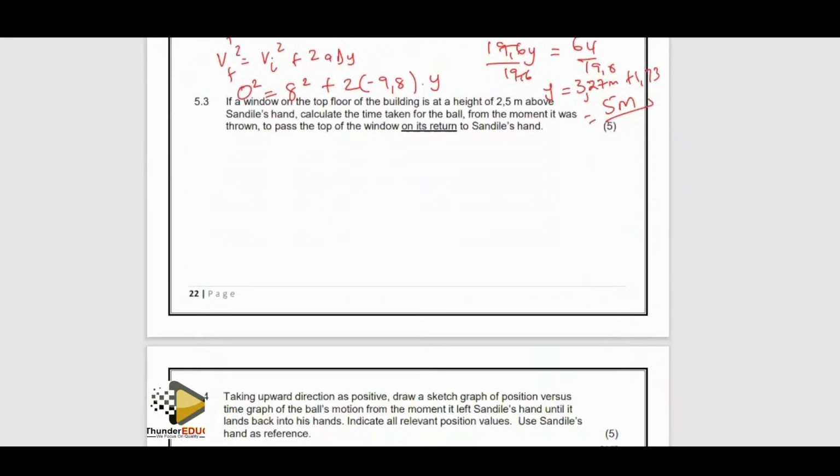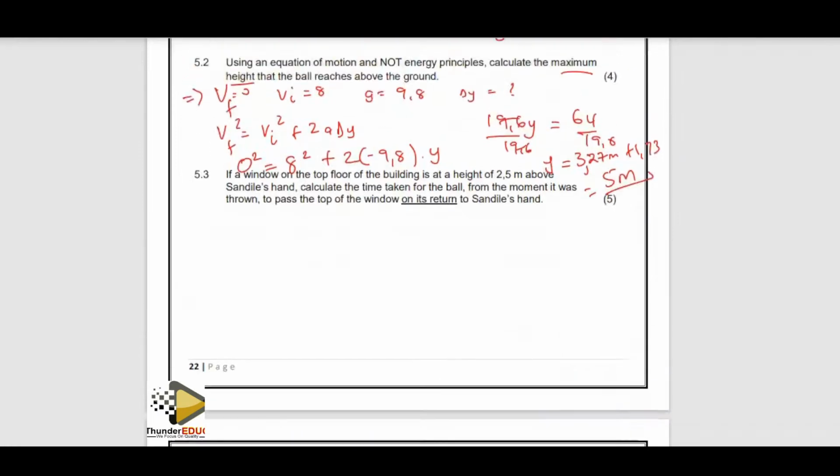And then 5.3. So if a window on the top floor of the building is at 2,5 meters, calculate the time it's gonna take for the ball from the moment it was thrown to pass the top of the window on its return.